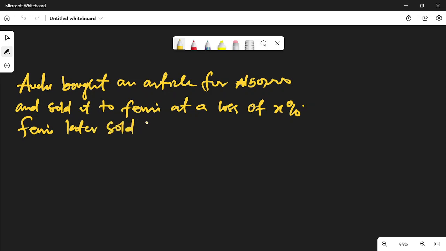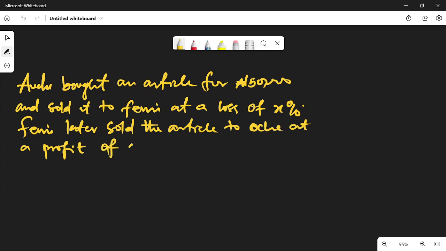Femi later sold the article to Oche at a profit of 40%.